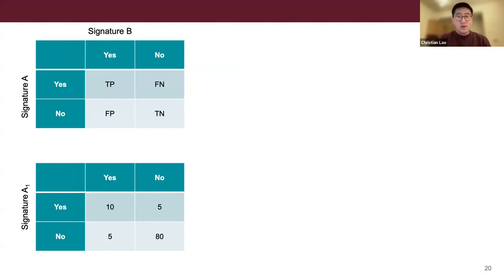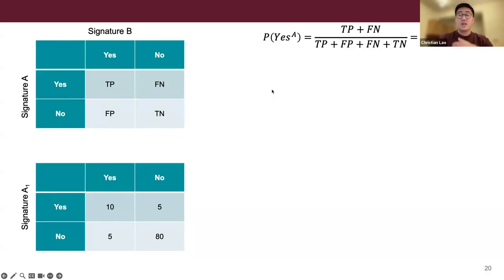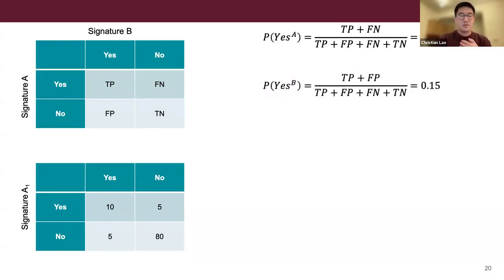Back to our simple question framework, you can just ask, what's the probability of getting a yes in signature A? In that case, that's just a true positive plus a false negative over the number of windows you have. In this toy example, that's just 0.15. Then you can ask another simple question. What's the probability of seeing a yes in B?